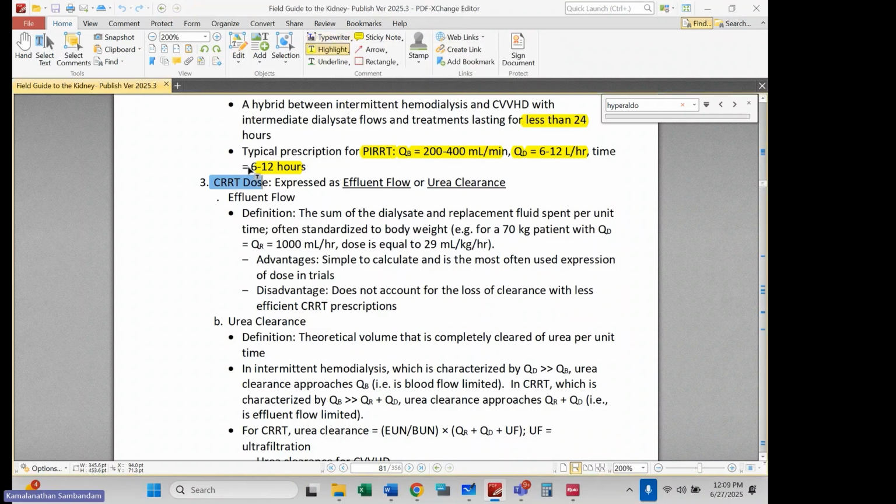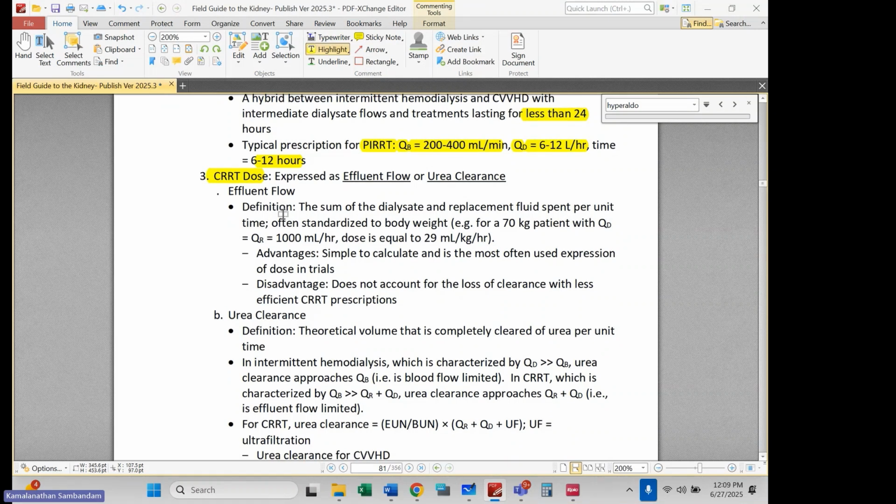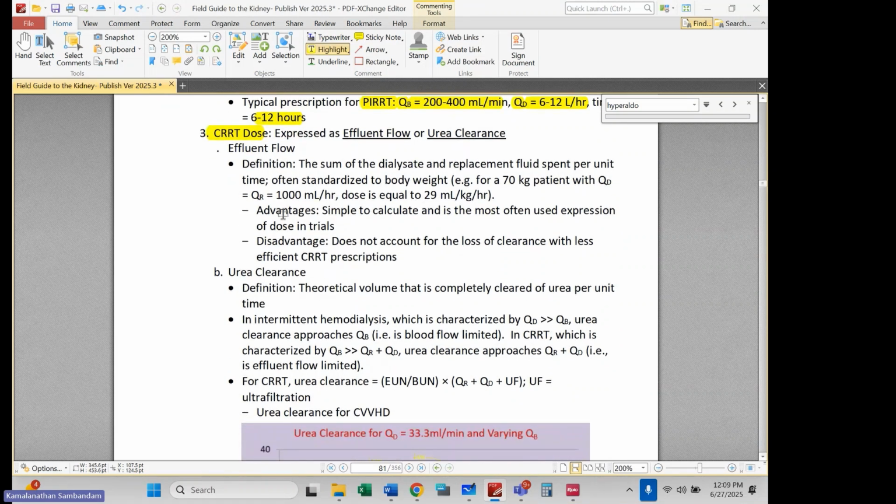So, all right. Now let's segue over to the various ways that we can describe CRRT dose. By far, the most conventional way to do that is not by calculating a formal urea clearance, though you do have the knowledge to do that and it is not hard. Remember, it's just effluent urea nitrogen over blood urea nitrogen. Here's the formula, right?